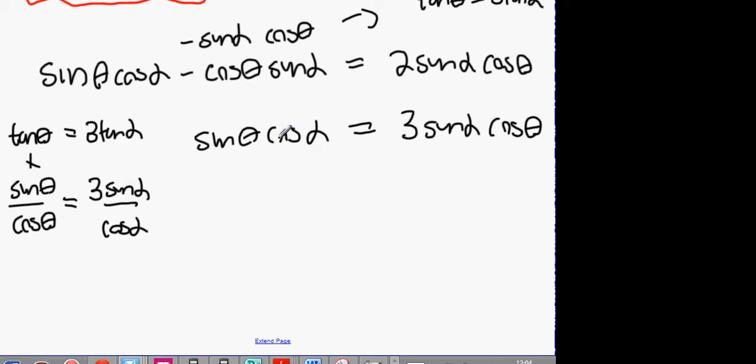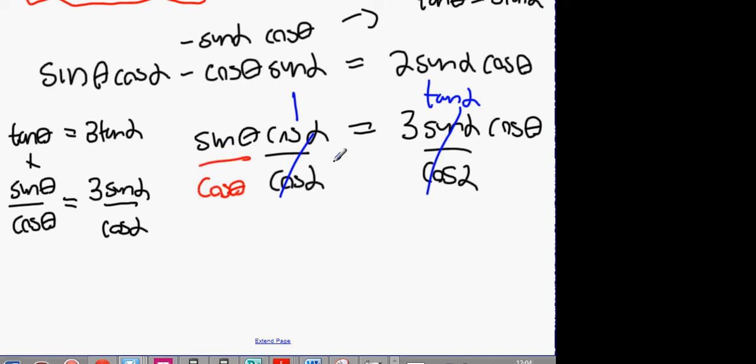Now, the left hand side should not have a cos alpha in it, should it? So let's divide both sides by cos alpha. This turns this one here into 1, and it turns this one here into tan alpha. Secondly, the left hand side should no longer have sine theta in it. So I'm going to divide both sides by cos theta.